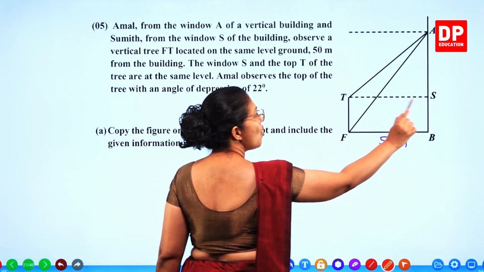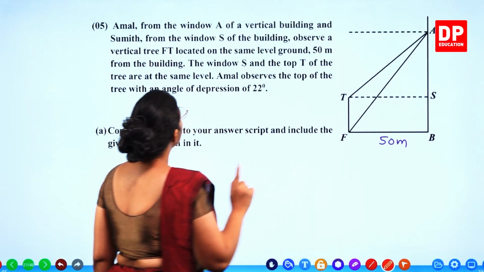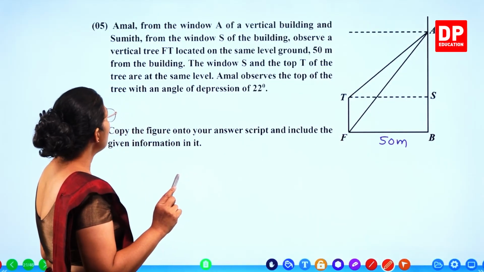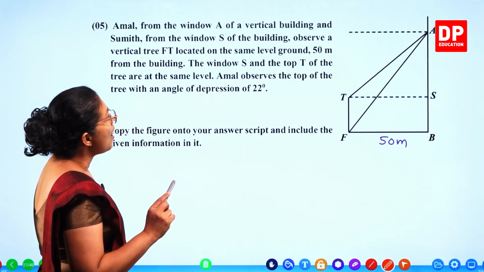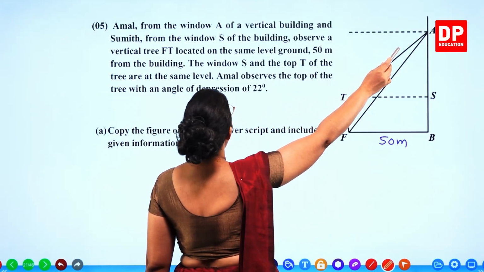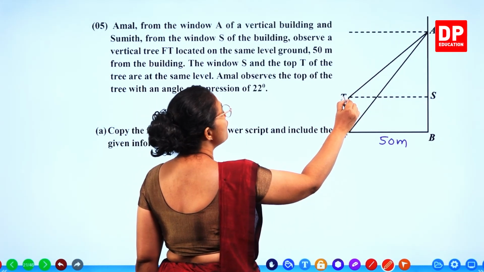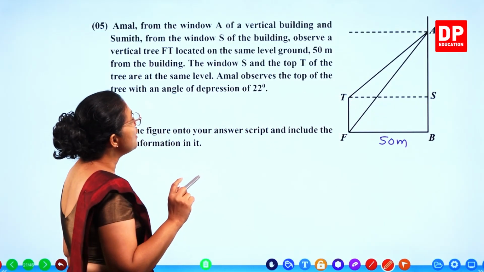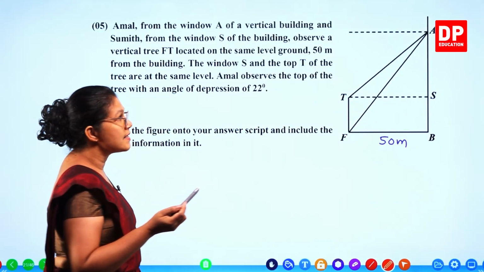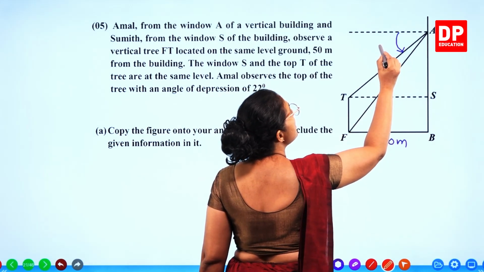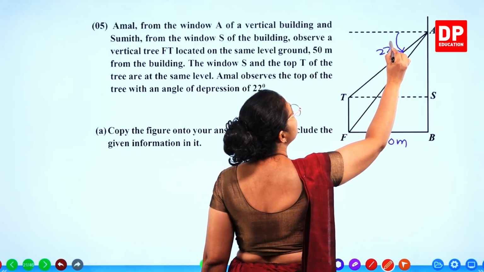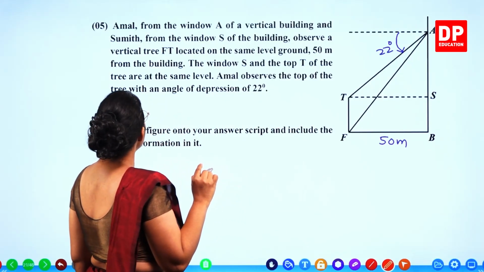So this is a horizontal line. Amal observes the top of the tree with an angle of depression. Amal is here. Angle of depression. This is the top of the tree with the angle of depression of 22 degrees. So this angle is 22 degrees. Angle of depression.